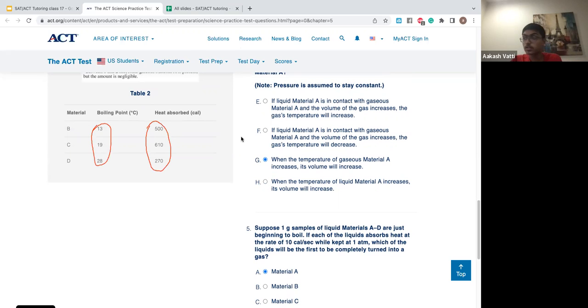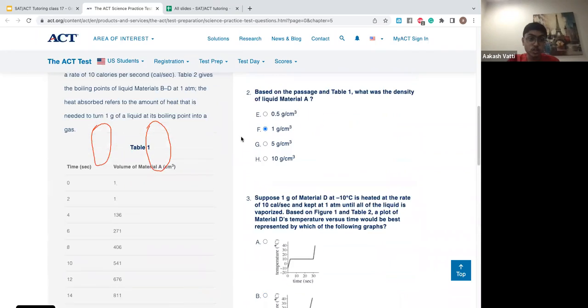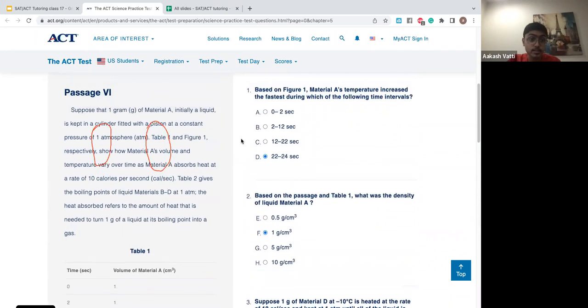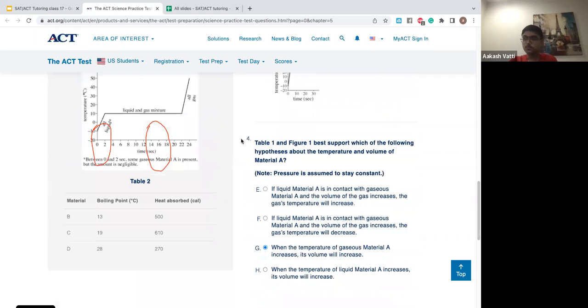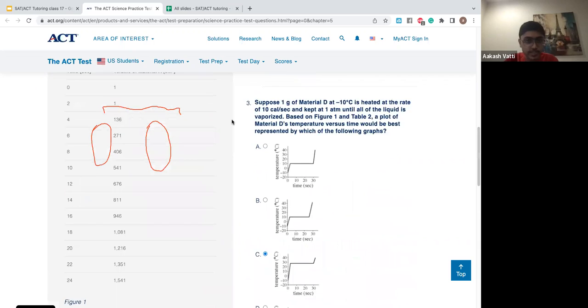You know that it took 20 seconds for A to be converted from liquid to gas, and it was absorbing heat at 10 calories per second.